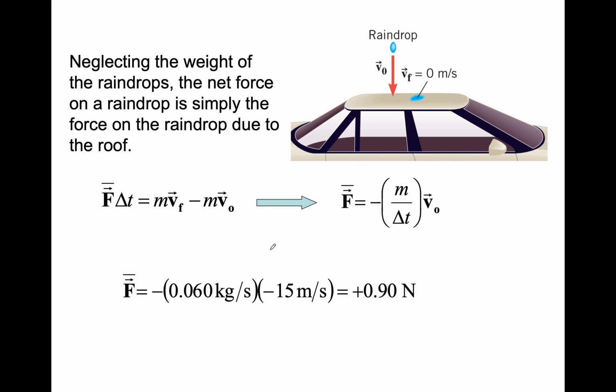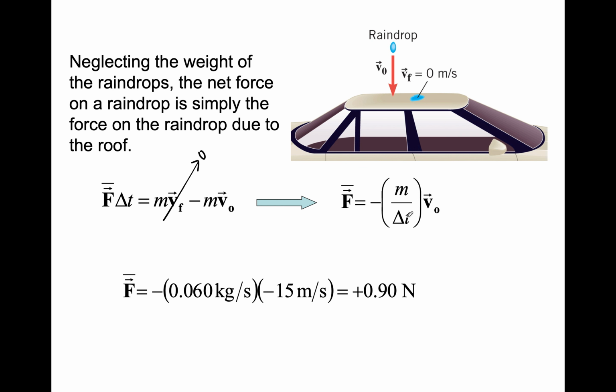So the force would be the change of momentum divided by delta t. Now the final momentum is 0, so this term is 0. So we only have this term. We're going to divide by delta t on both sides. So it's negative m v0 divided by delta t, and v0 is independent of delta t.